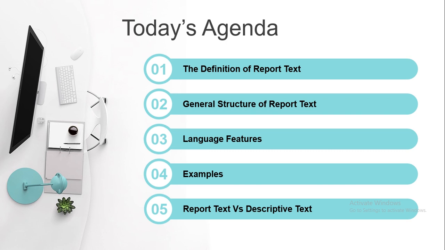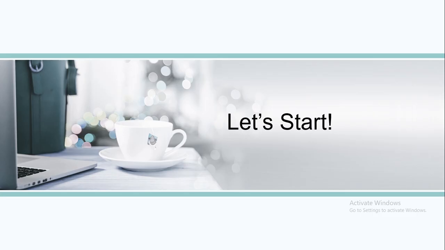And the next is about language features, which is about what kind of language is used specifically in a report text. And then the fourth is the examples of the report text itself. And the last is the differentiation between report text and descriptive text. Alright, let's start from the first.